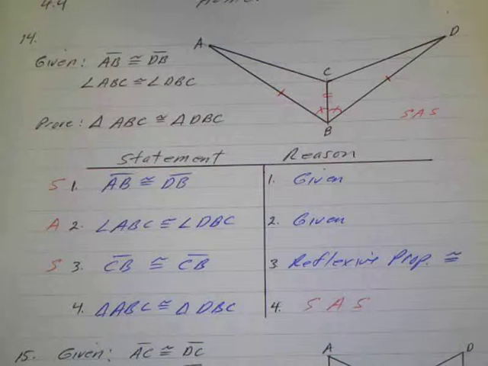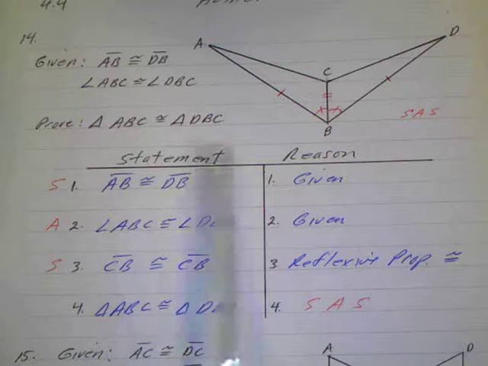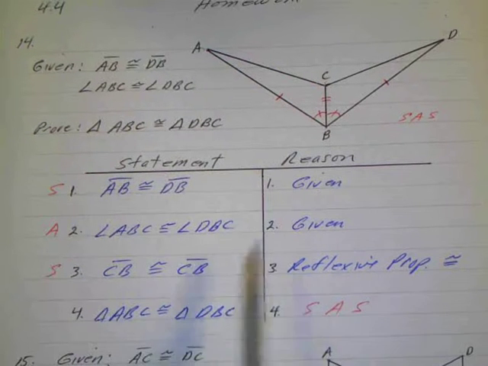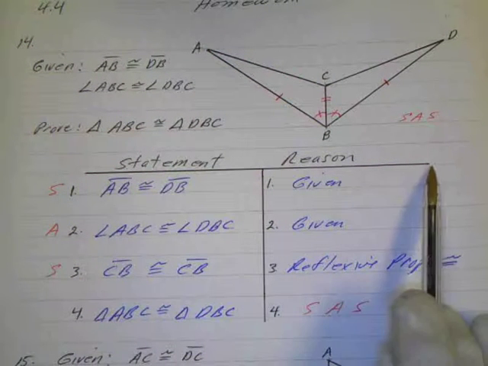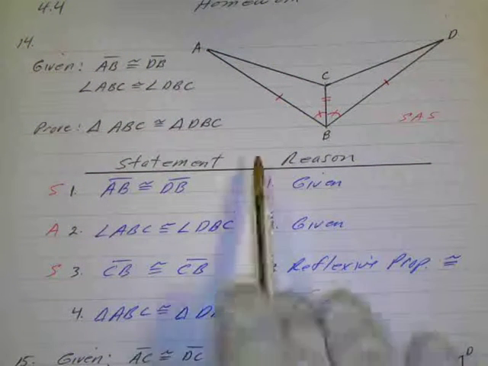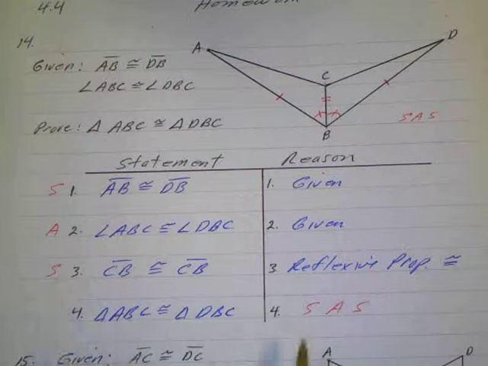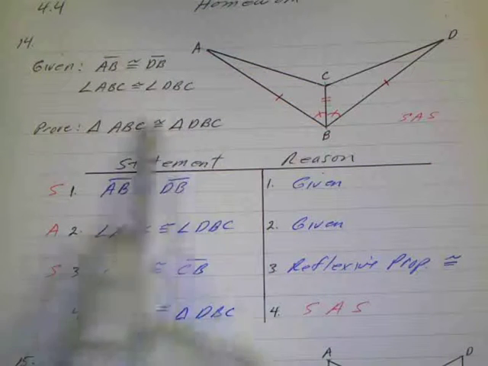Now, the hardest thing is going to be drawing a sketch. You could trace it out of the book if that helps. And writing down your given. The sketch is what took me the longest time. So everything else, the statement reason, you have to have the numbers, the horizontal line, the vertical line, the word statement, the word reasons, 1, 2, 3, 4, what you want to prove, given.